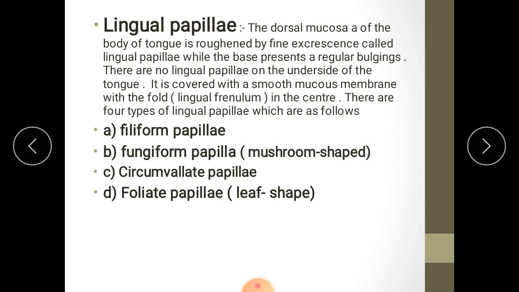The dorsal surface of the tongue is called the dorsum, and the dorsum has lingual papillae. The ventral surface is covered with a smooth mucous membrane, with a fold, the lingual frenulum, in the center.